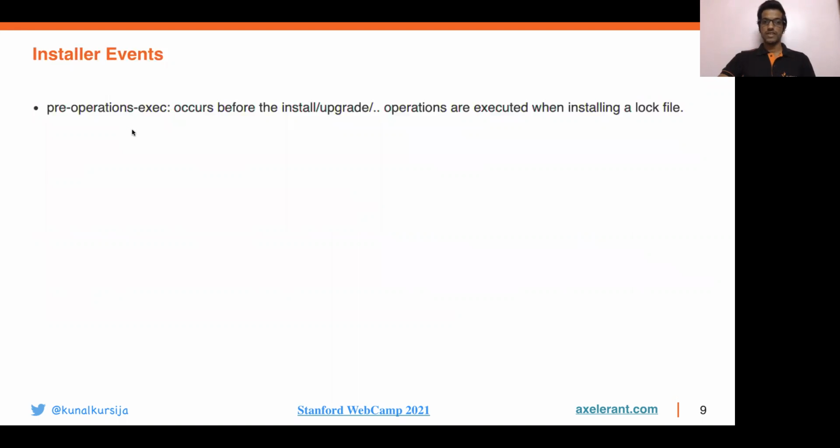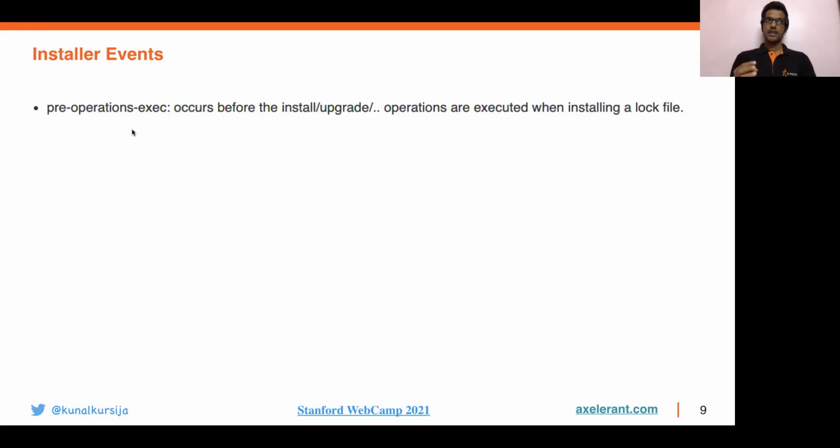Now, installer events. We have only one event that is fired by Composer, and it's called pre-operations-exec. This event is fired just before the install and upgrade operations are executed. For example, you are executing composer install for a package.